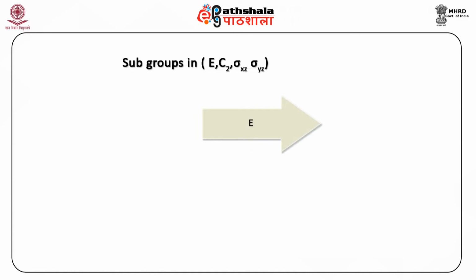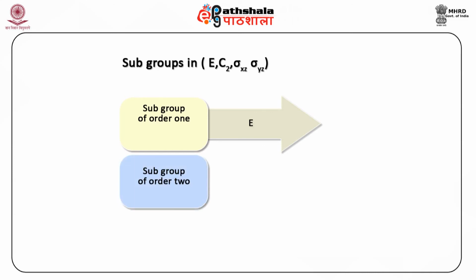Here E is always a subgroup of order 1. The other subgroups of order 2 may be E, C2; E, sigma yz; E, sigma xz; sigma xz, sigma yz; C2, sigma yz; C2, sigma xz, and so on.